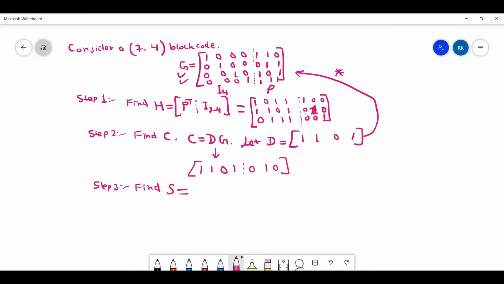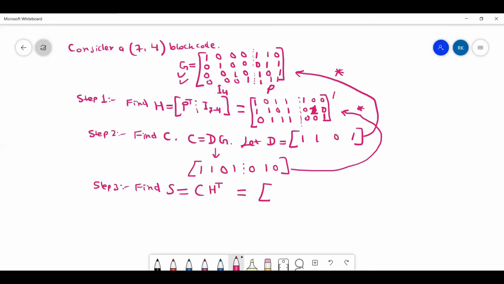So in order to do that, we need to first calculate the syndrome S. So this S is given by, we have discussed it in the previous lecture also, C multiplied with the transpose of the parity check matrix, H T. So C we have here, we need to multiply it with the transpose of this H T. We need to multiply it with this. Okay, after taking transpose. So let's do it.